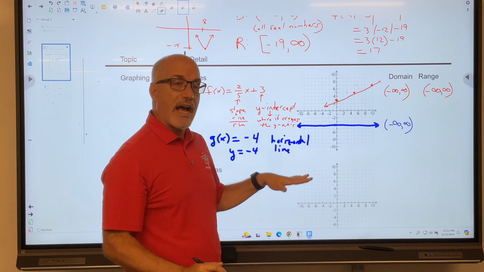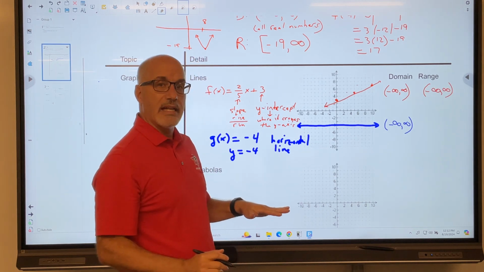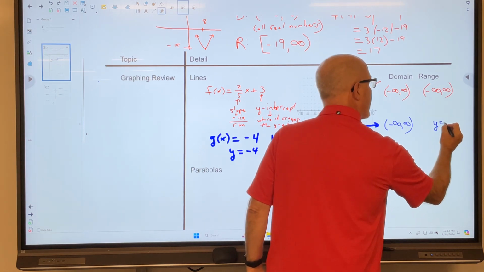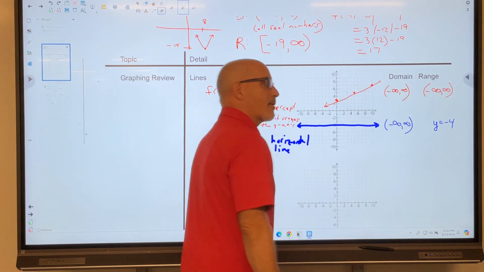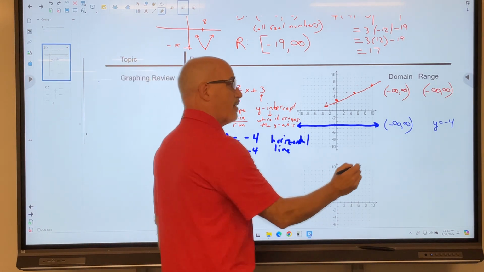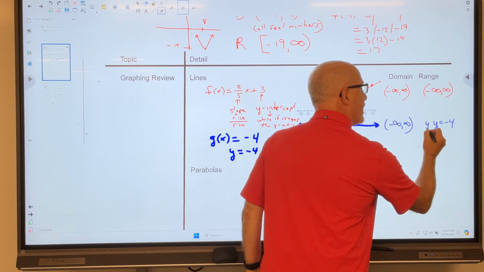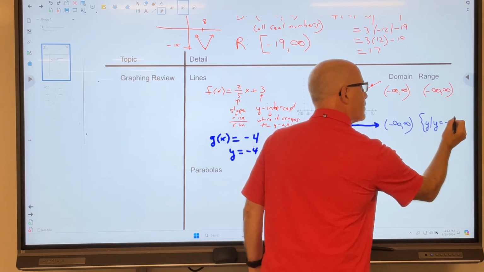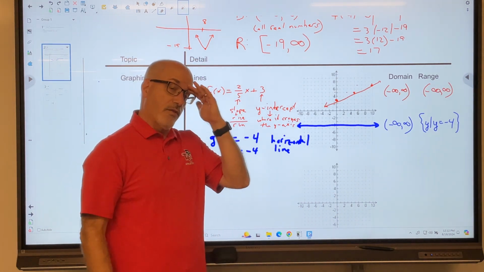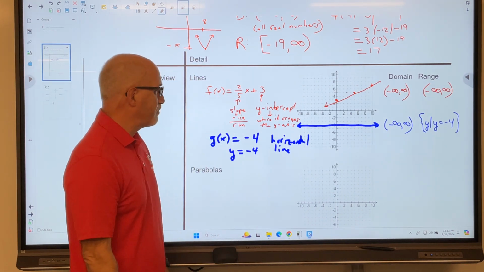So the only value in the range is just y equals negative 4. You can just list it as that. You could put it in set builder notation if you want to, with y such that y is equal to negative 4. It's not between anything, and that's what interval notation is usually used for.